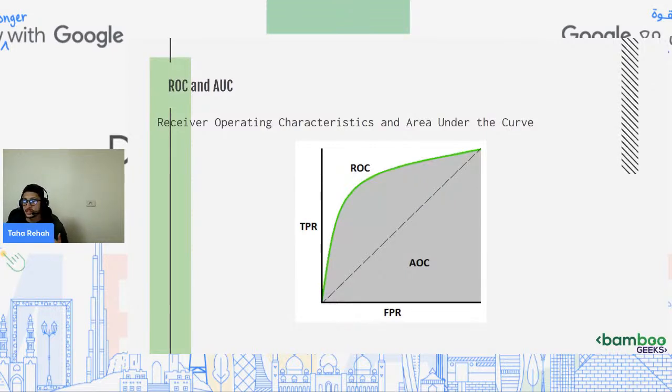Basically, this curve shows us the progress of the rate between positives and negatives, between two classes: how the two classes are handled, or how the model determines whether it's class A or class B. How to interpret the ROC: if the ROC is close to the 45 degree line, then it's bad, and if it's far from this line, it's good.